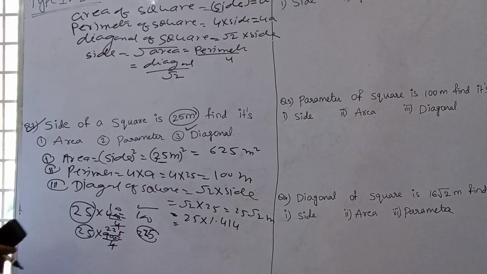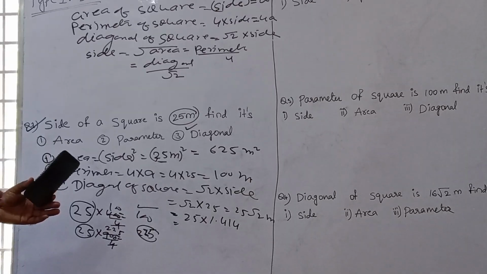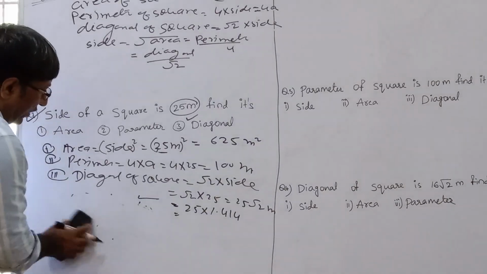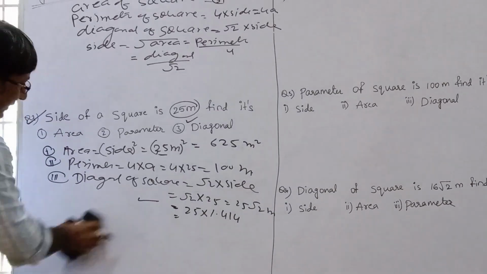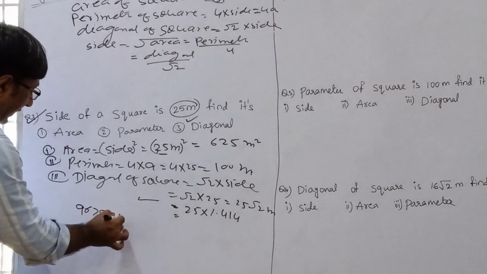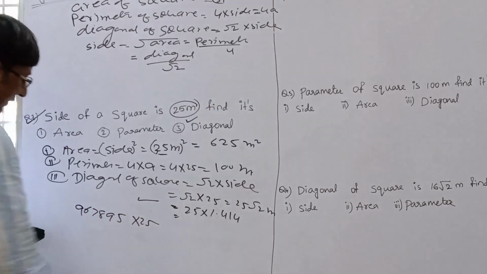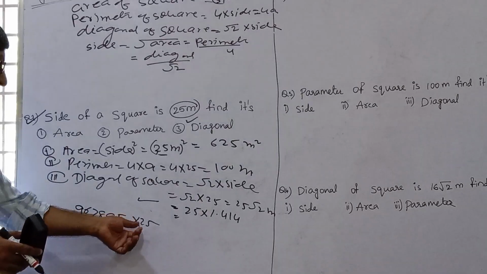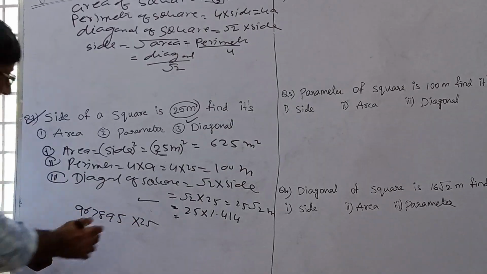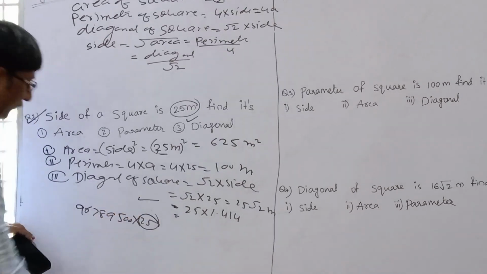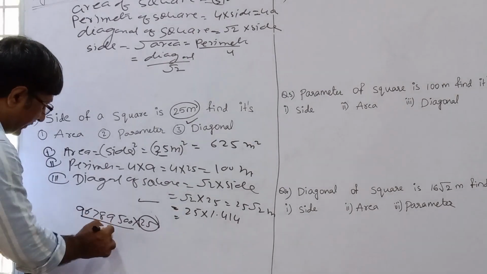So now you are ready to solve any large number when you multiply by 25. You see here, just like we are going to multiply 25 by this number 967895. This is a very large number. If we multiply this number by 25, we lose a lot of time. So the technique is, forget 25 and only put 2 zeros in front of this number, and then divide this number by 4.